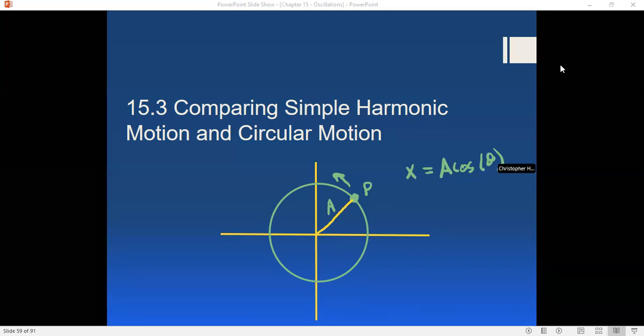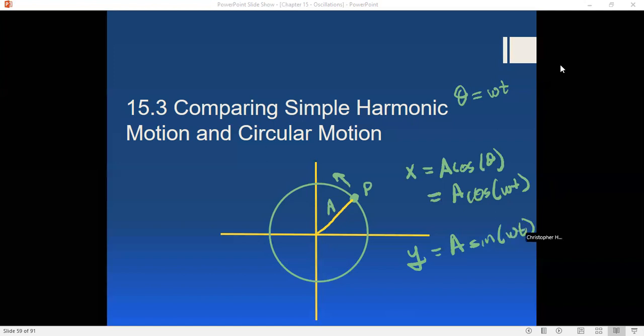We also know that theta is equal to omega t. Omega is our angular frequency, and t is the time if it's moving at a constant rate. So this could be rewritten as a cosine omega t, and y is equal to a sine theta, or a sine omega t.